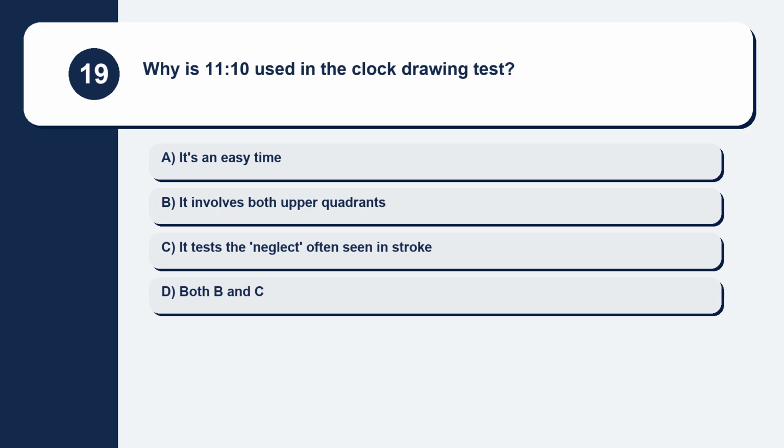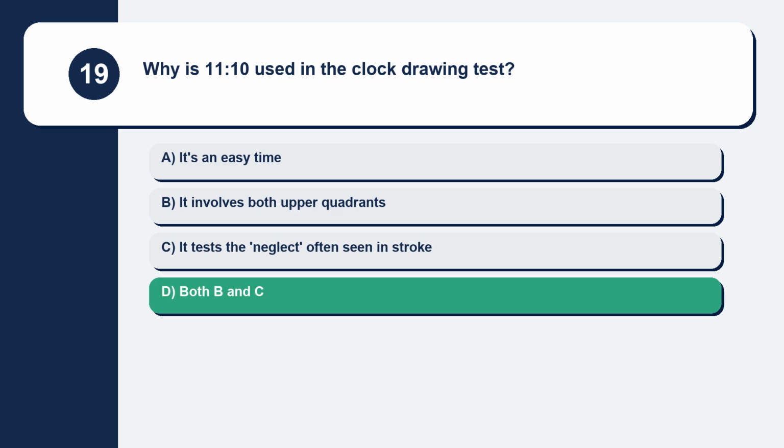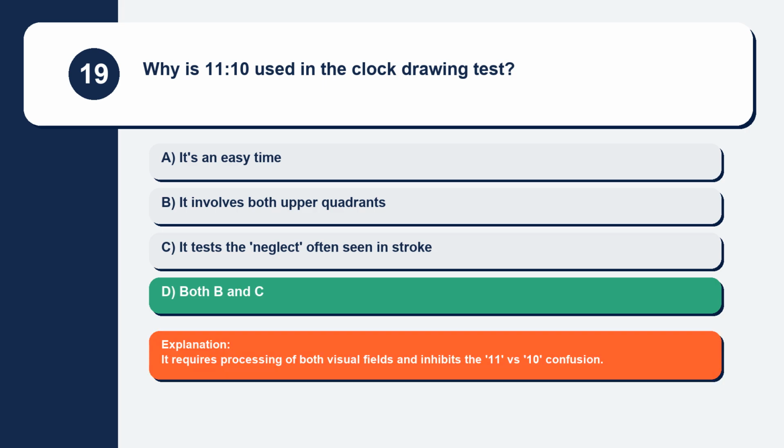Why is 11:10 used in the clock drawing test? It's an easy time. It involves both upper quadrants. It tests the neglect often seen in stroke. Both B and C. It requires processing of both visual fields and inhibits the 11 versus 10 confusion.